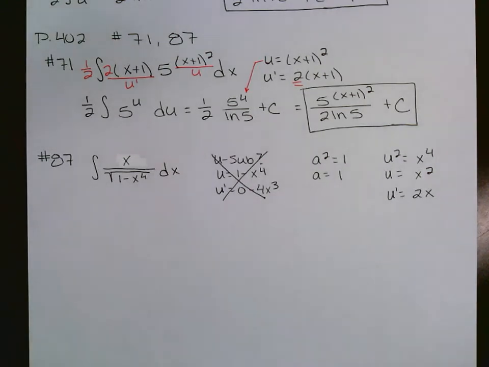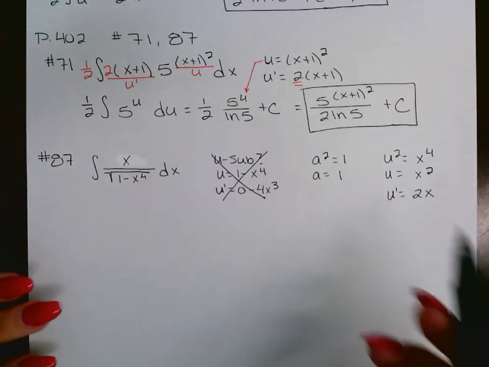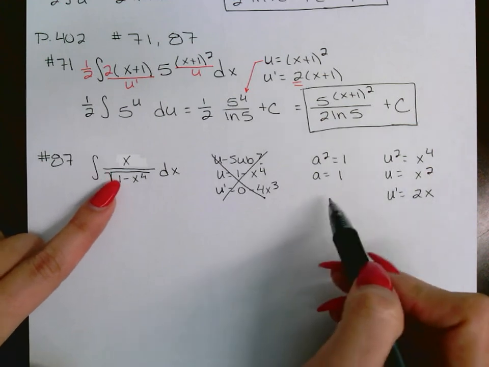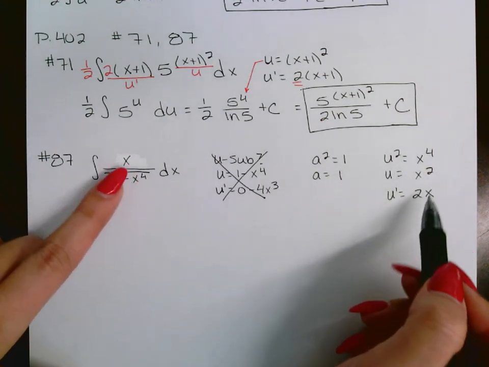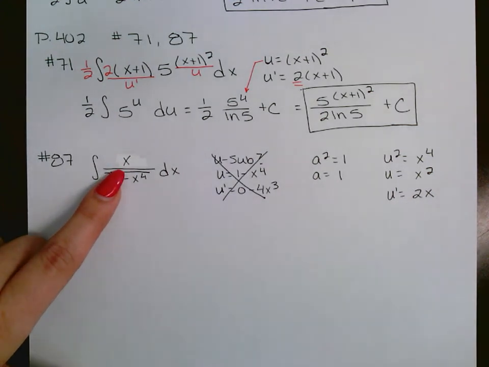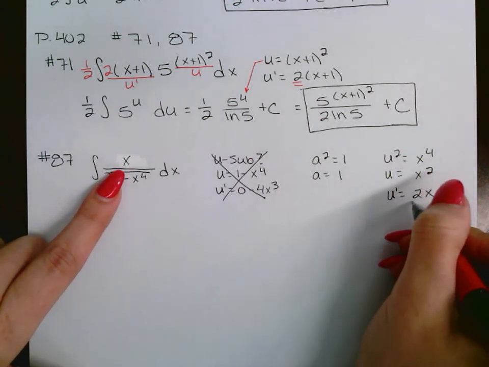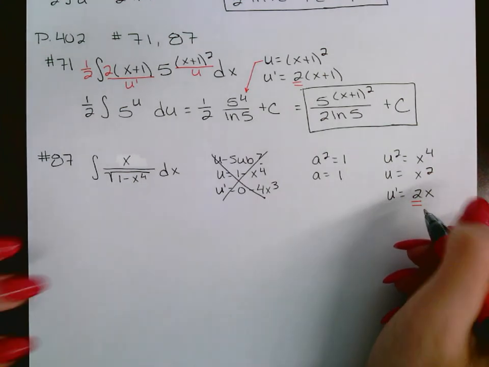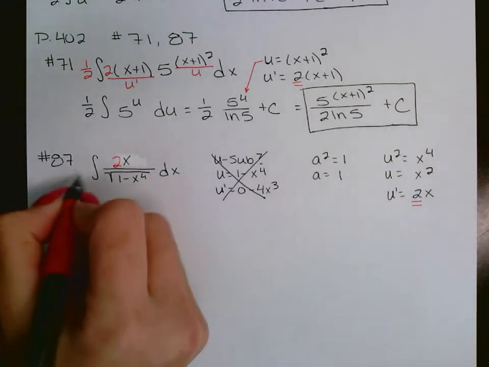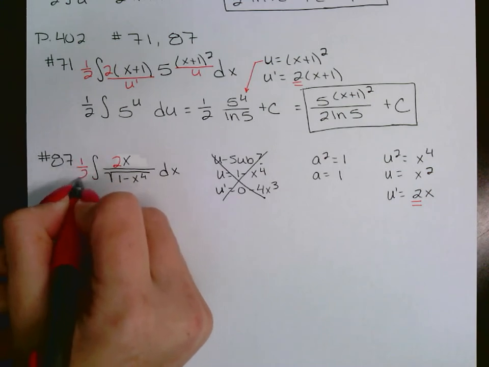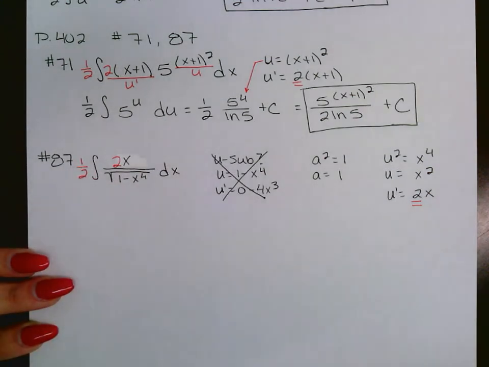All right. So, now when I analyze, I have my a squared right here, my u squared right here, and then for my u prime, I'm missing a 2. Okay? So if I'm missing the 2, I'm going to put a 2 on top, which means that I need? Good, I need a half out front. Okay?